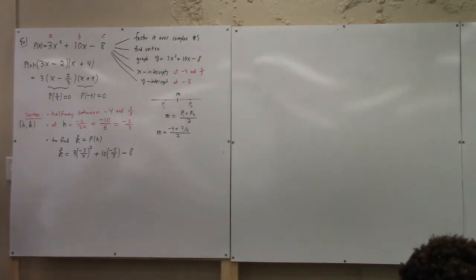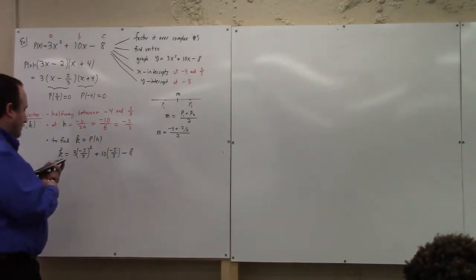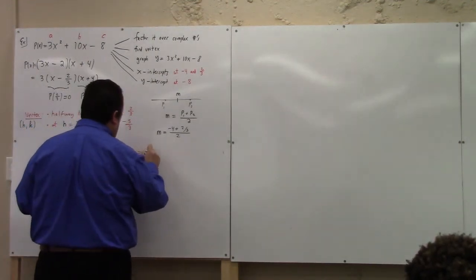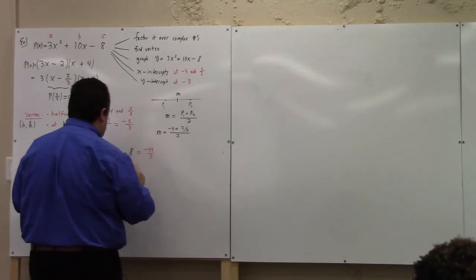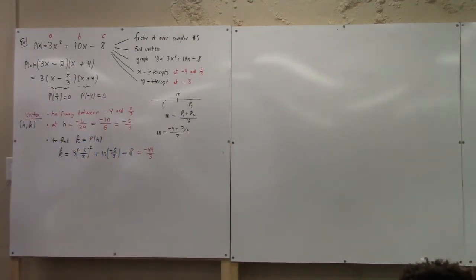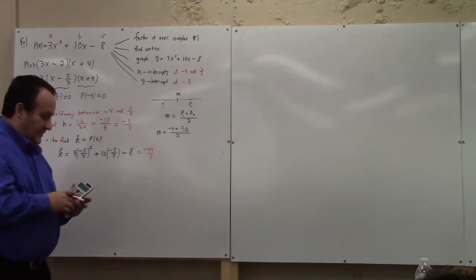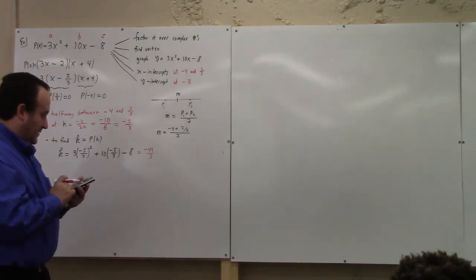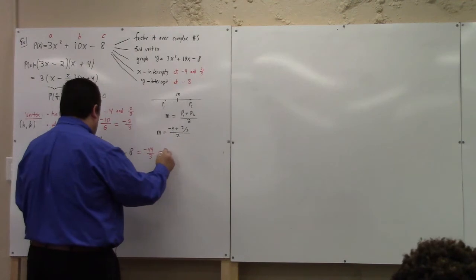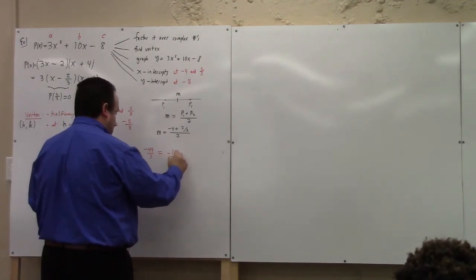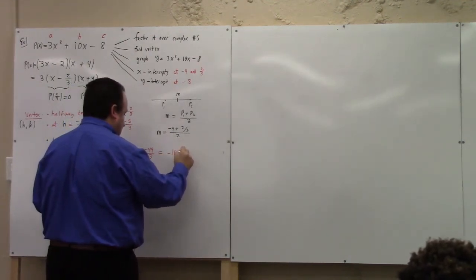I get minus 49 over 3 from the arithmetic there. A decimal? A decimal's not bad. I mean, a decimal's helpful for graphing, actually, right? Minus 16.33 repeated.